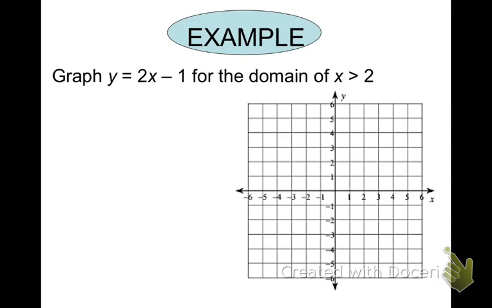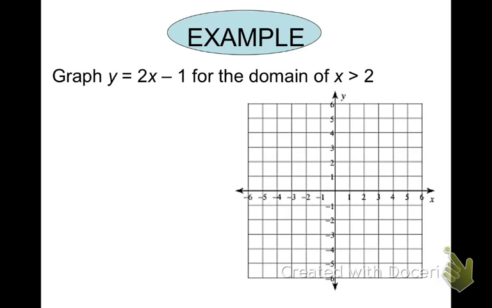If we had the line y is equal to 2x minus 1, and I only wanted a piece of that graph so that my domain was for all values of x greater than 2. Give you a second to get yourself set up.